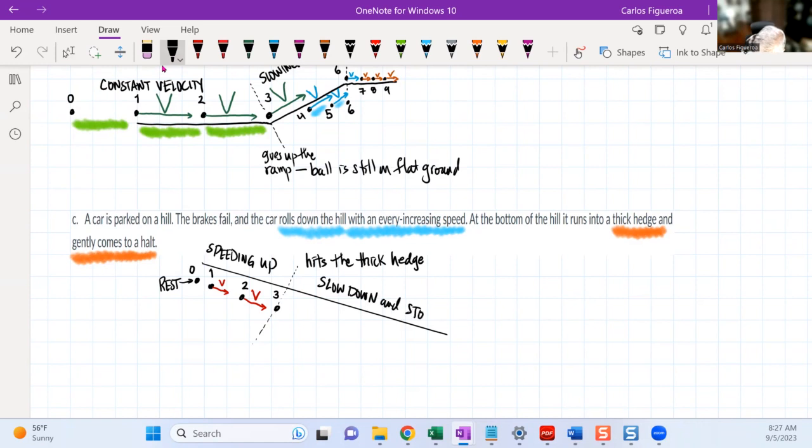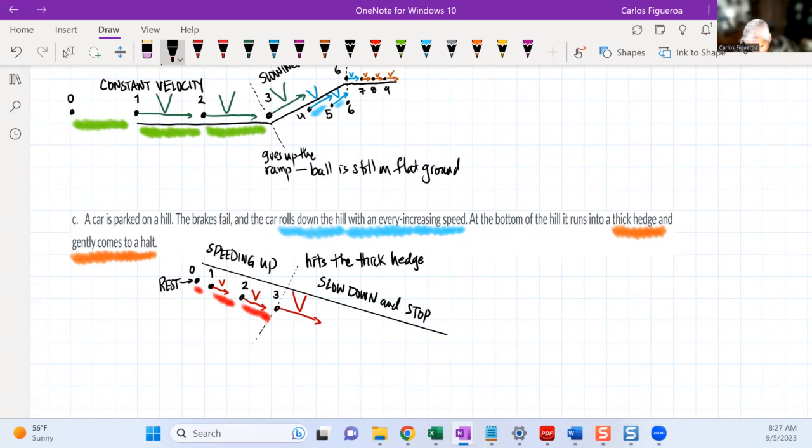And stop. So here I go. Look at the interval. If I look at this interval, that's small. If I look at this interval, and then if I look at this interval, you could see that the interval between 2 and 3 is longer. So therefore, that arrow has to be longer. So it's moving at a faster speed at 3 compared to 2.